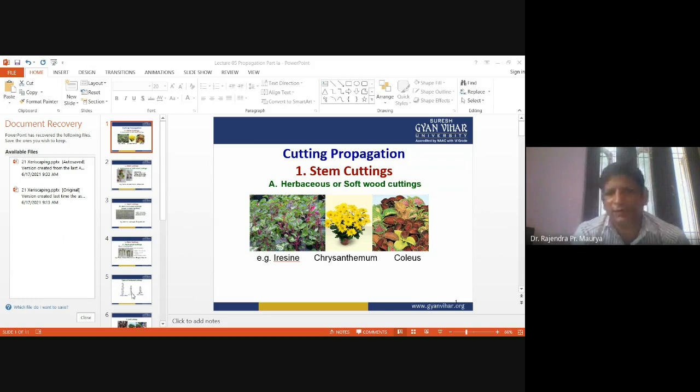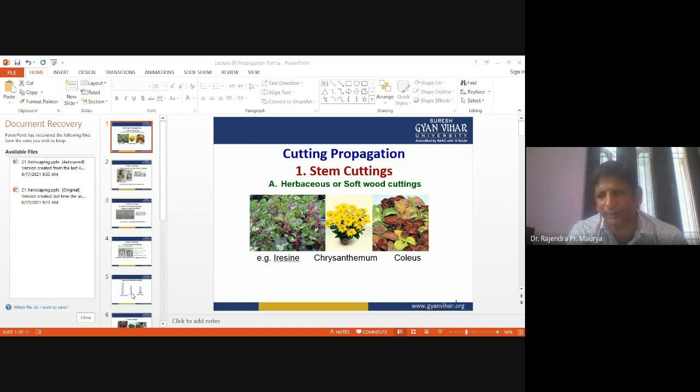Or in case of the mallet cutting, if we are preparing the hardwood cuttings in the form of mallet cuttings, then from the origin place where the secondary branch is on the primary branch, just from the base, just below and just above, we have to make the cut with the help of the scapier.